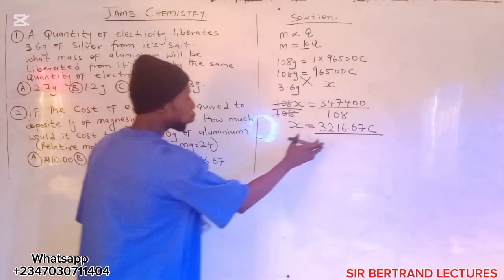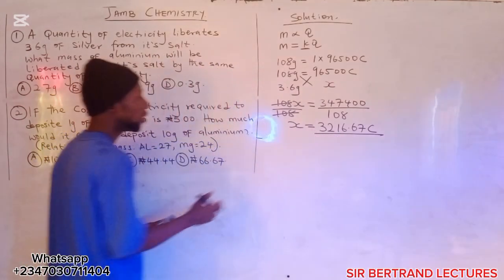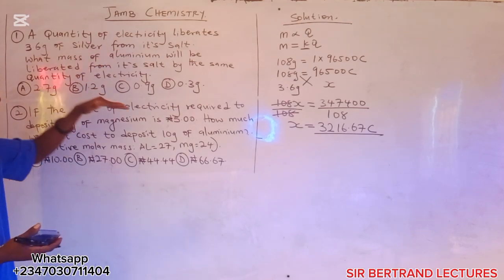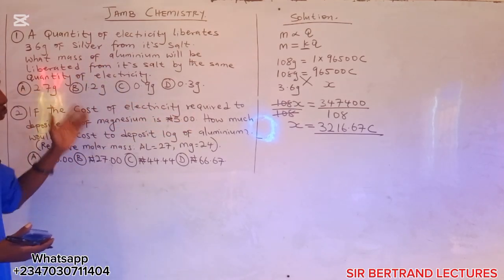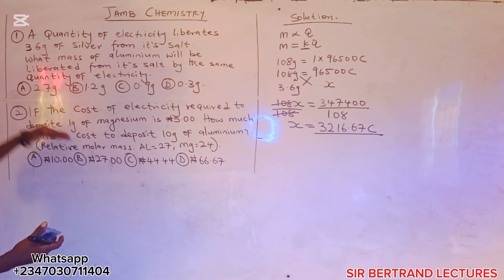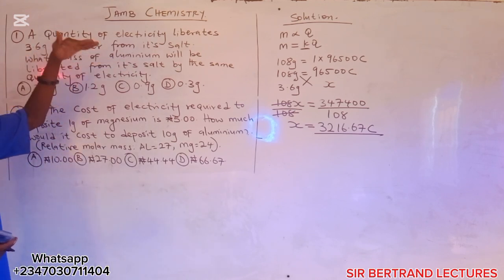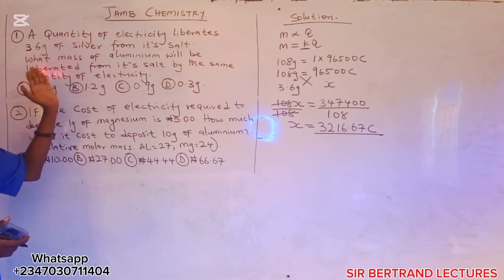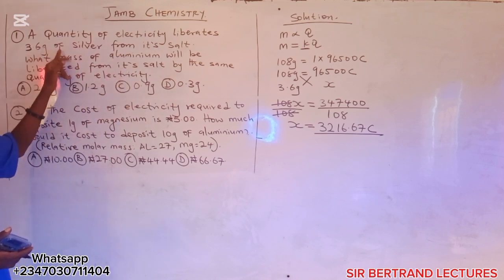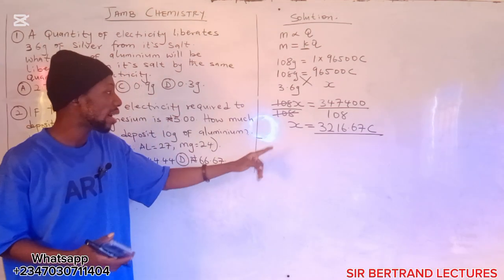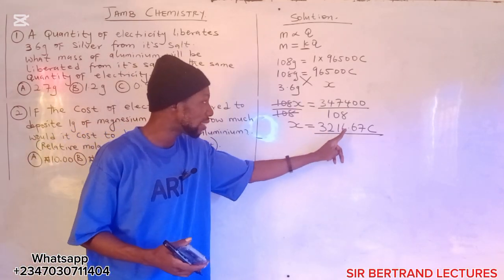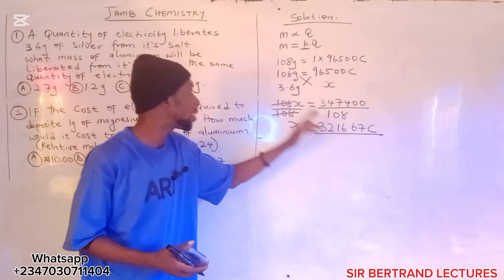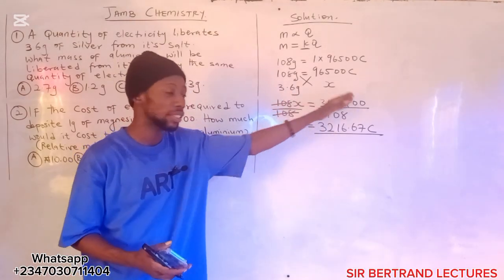Now we are going to use this quantity of electricity to look for the mass of aluminium that it will liberate. That is what the question is asking us: what mass of aluminium will be liberated by the same quantity of electricity that liberated 3.6 grams of silver? From what we've solved so far, 3216.67 coulombs of electricity liberated 3.6 grams of silver.